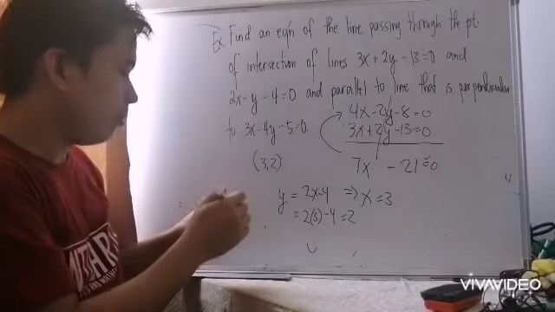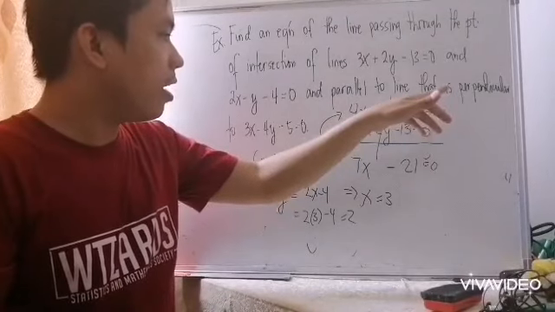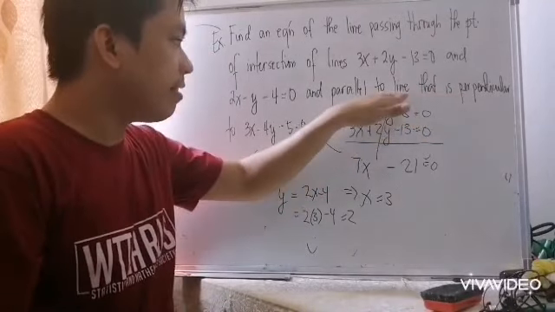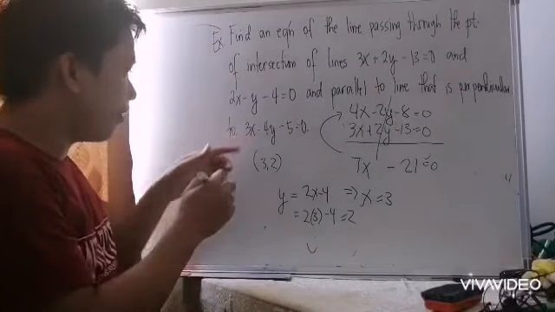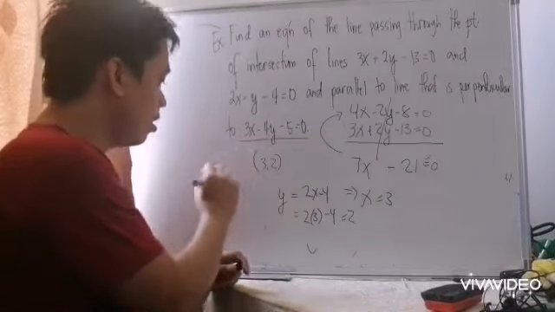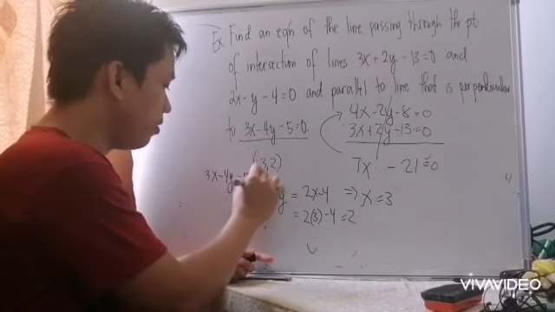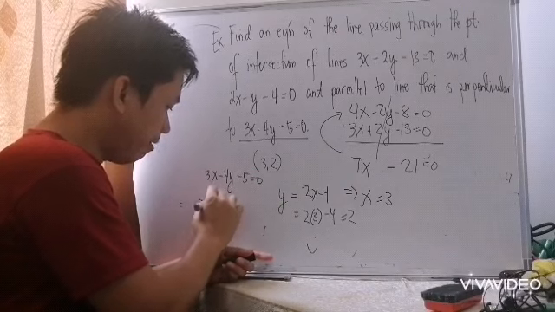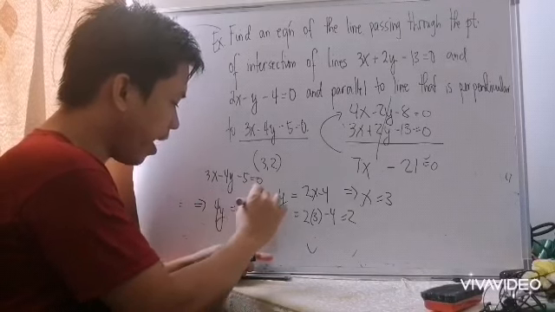Now, second is we have to get first a line, this line, that is perpendicular to this equation. So you will have to solve for the slope of this. So 3x minus 4y minus 5 equals 0. So you'll have 4y equals 3x minus 5.